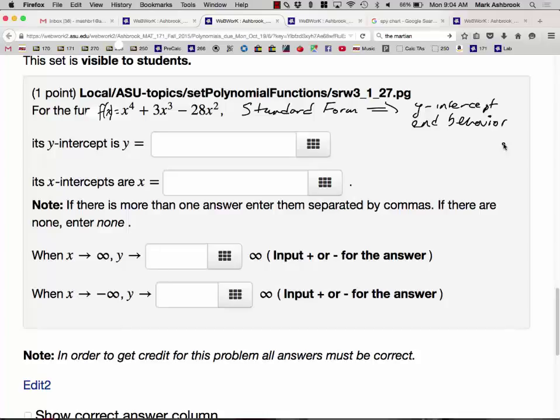So what's true about the y-intercept on a graph? X equals 0. The y-intercept is a y value such that x equals 0.